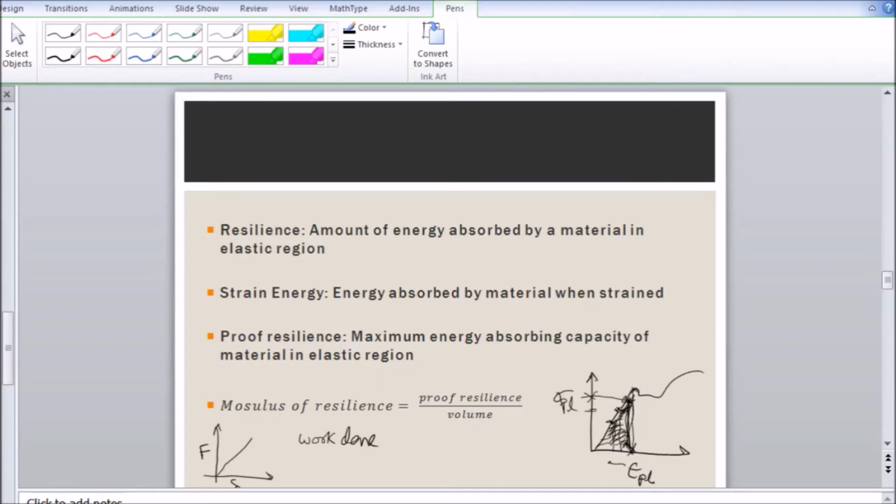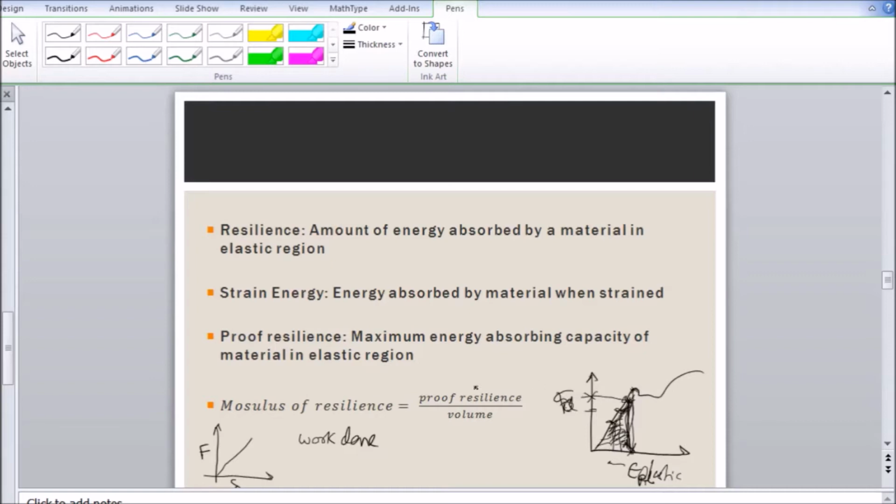Whatever energy can be absorbed by the material in the elastic zone is called proof resilience. That means the maximum energy absorbing capacity of the material in the elastic zone. Similarly for resilience, by mistake I spoke about the proportionality limit; it is not the proportionality limit, it is up to the elastic zone.